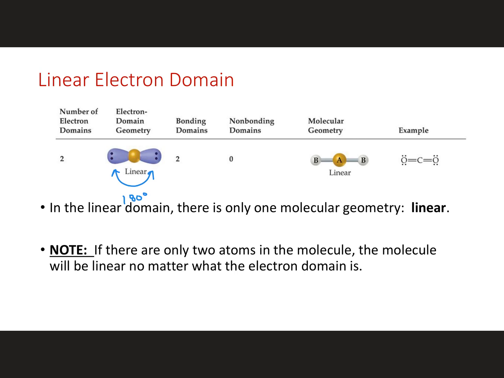That's because there are only 2 electron domains, and the best arrangement in space for those 2 electron domains is a linear geometry. Also in this case, the electron domain geometry will always equal the molecular geometry. If my electron domain geometry is linear, my molecular geometry also has to be linear if I have 2 electron domains. There is no discrepancy here.